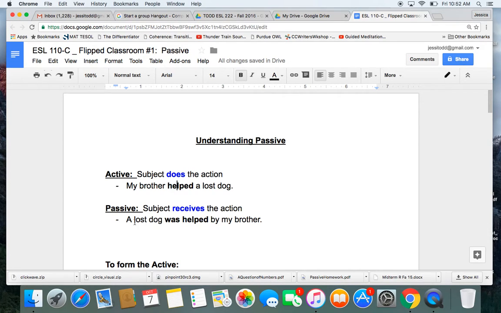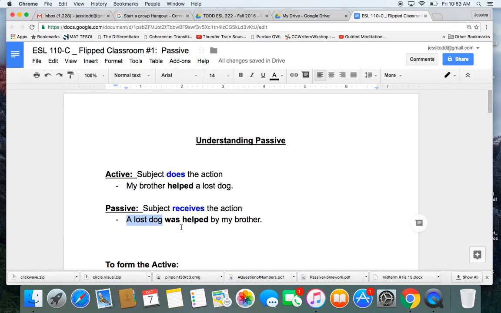In contrast, in a passive sentence, the subject receives the action or gets the action from another person. So here's an example of a passive sentence. A lost dog was helped by my brother. Okay? So we have the same action as the first sentence, help, right? But here, a lost dog doesn't do the action.